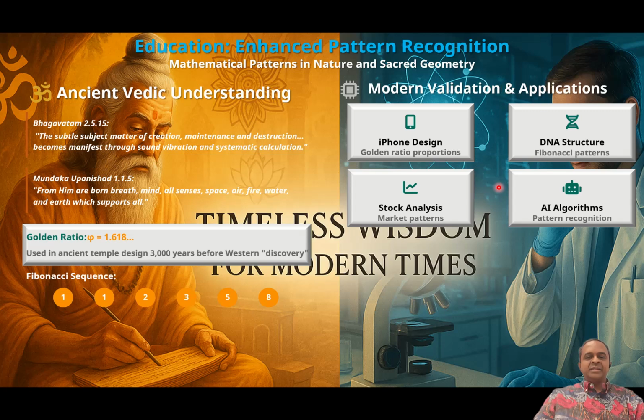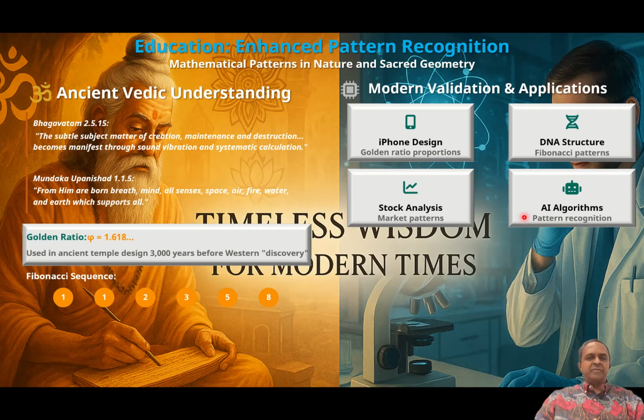Stock analysis, another good example. Market patterns following natural mathematical sequences. And I've talked a few times about the AI algorithms using pattern recognition principles first described in ancient texts.